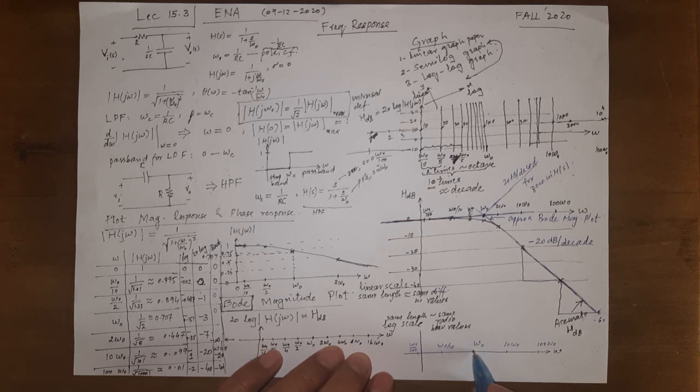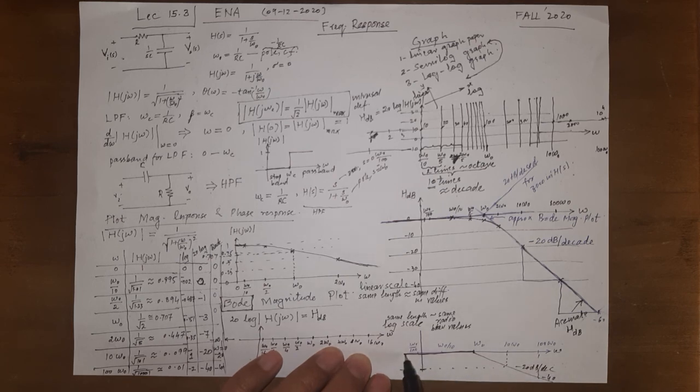Before omega naught you just mark a straight line, and then after this point we go down with a slope of minus 20 dB per decade. So we are at minus 40 and so on.